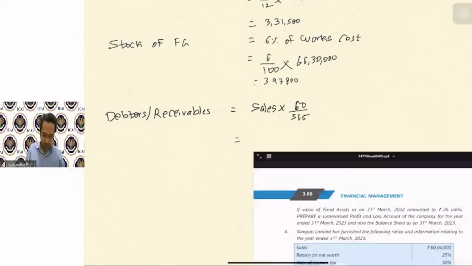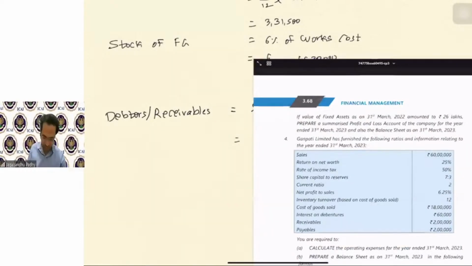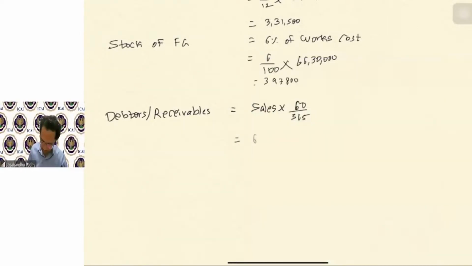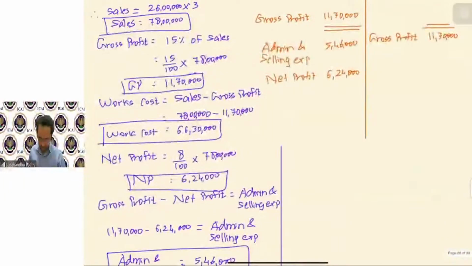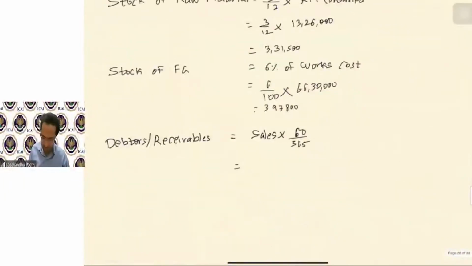What is the sales value? We have got it as 78 lakh. 78 lakh into 60 by 365.